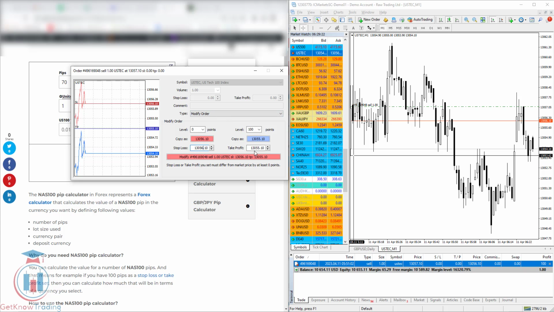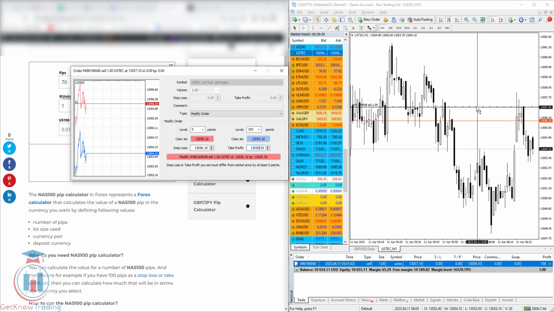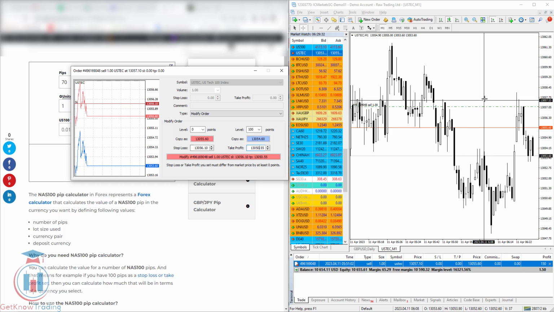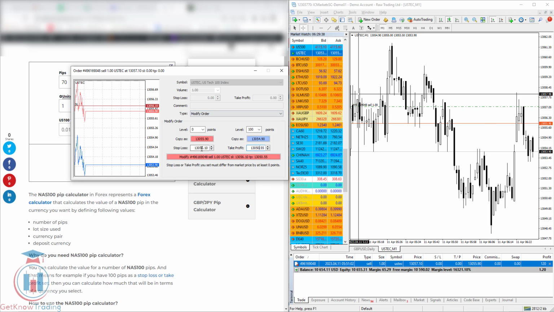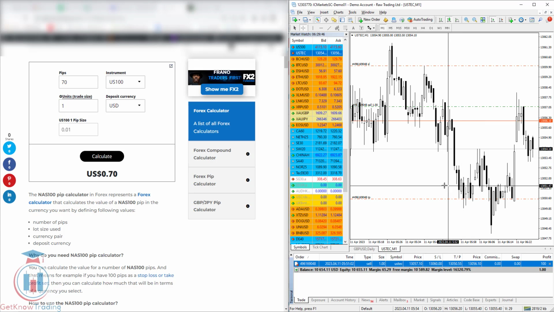Let's change that, put here 50. And if the price goes against me, for example here, 13,060.00, modify. Okay, now let's take a look.